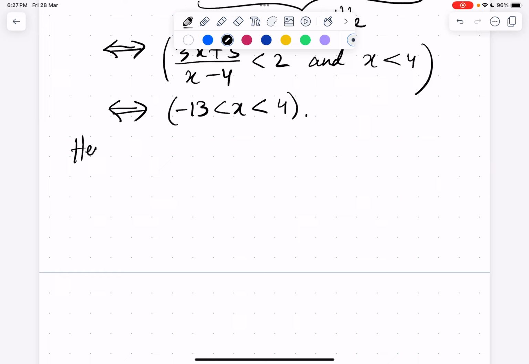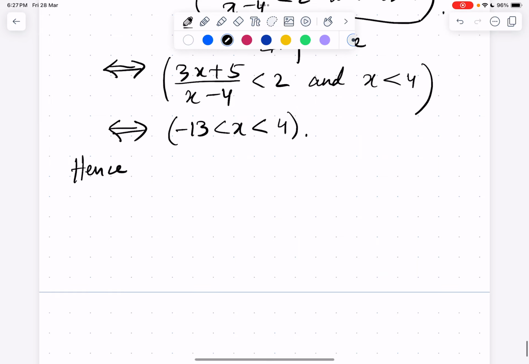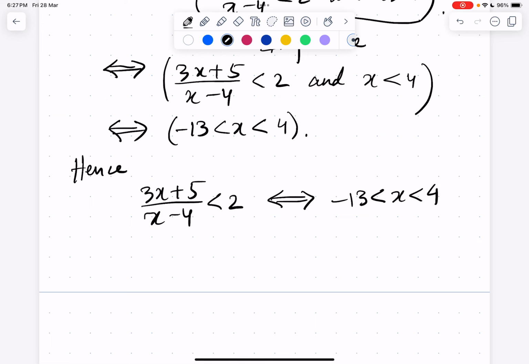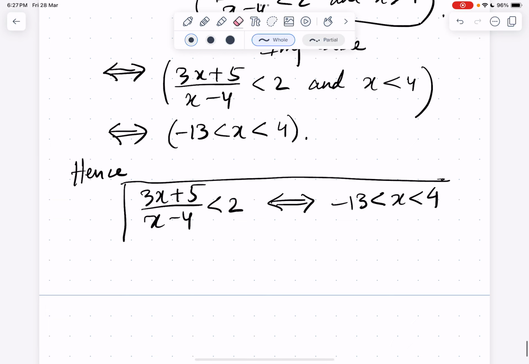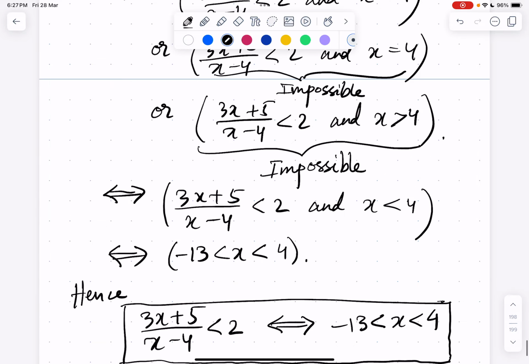Hence, saying (3x plus 5) by (x minus 4) is less than 2 is the same as saying x is strictly between minus 13 and 4. So this is a somewhat better example to illustrate the power of casework.